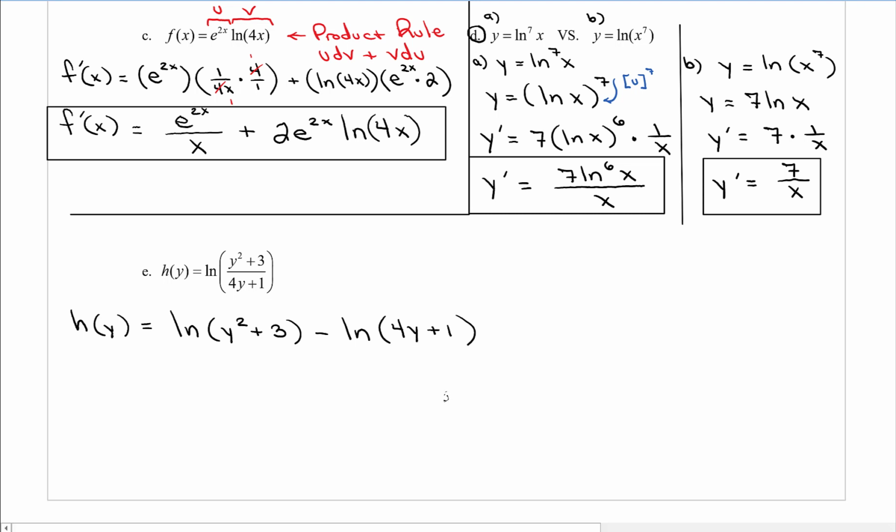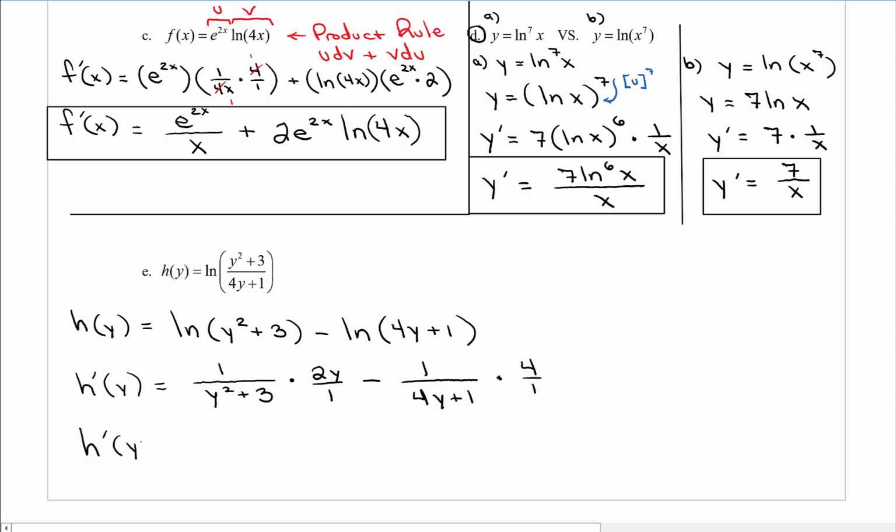So there is a page number at the bottom of this screen here. It says 5. I'm just going to erase it so that it doesn't interrupt the work that I'm going to be writing down. So h prime of y is going to be equal to, here we're going to have 1 over y squared plus 3 times 2y over 1 minus 1 over 4y plus 1 times 4 over 1.